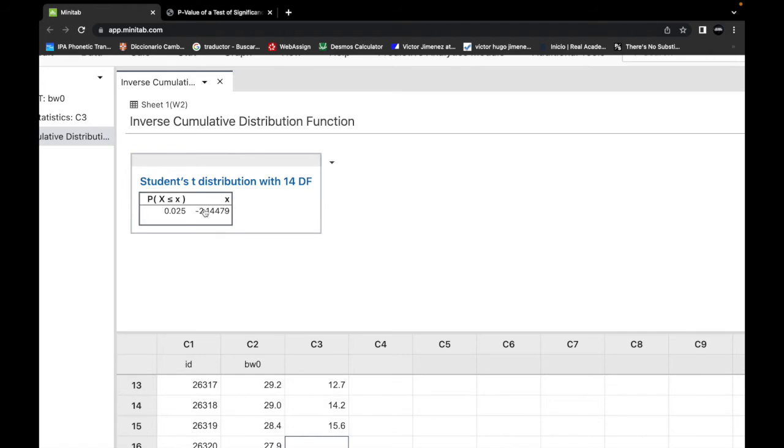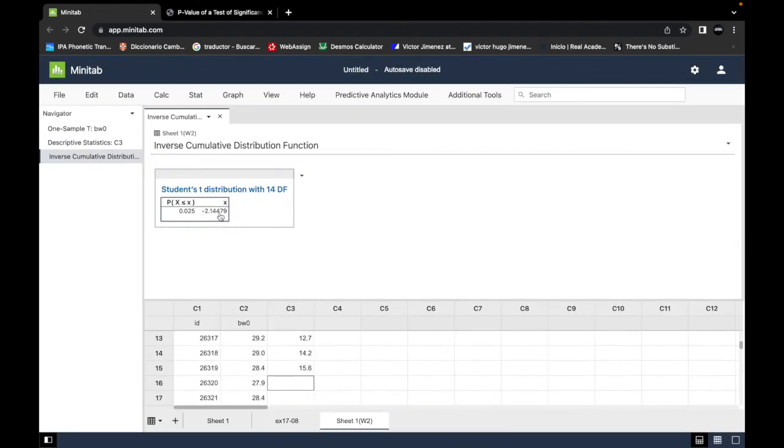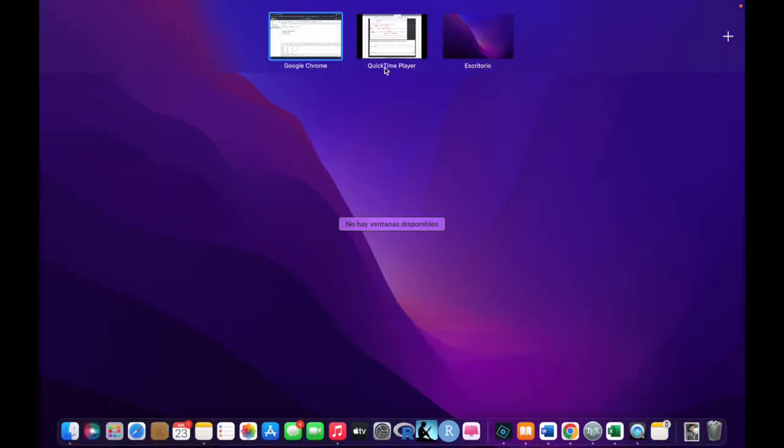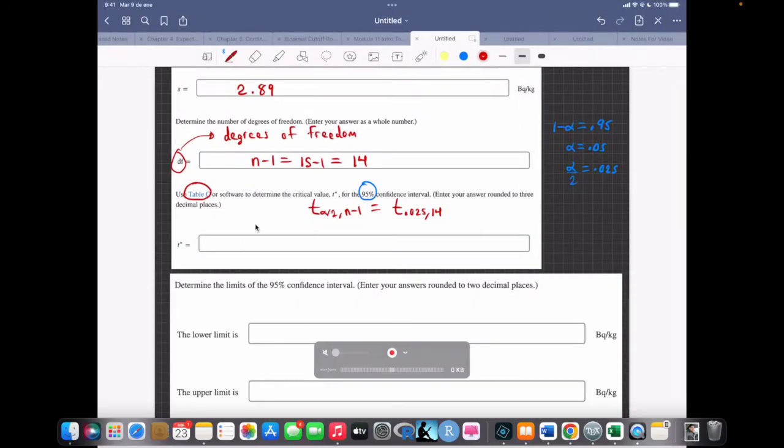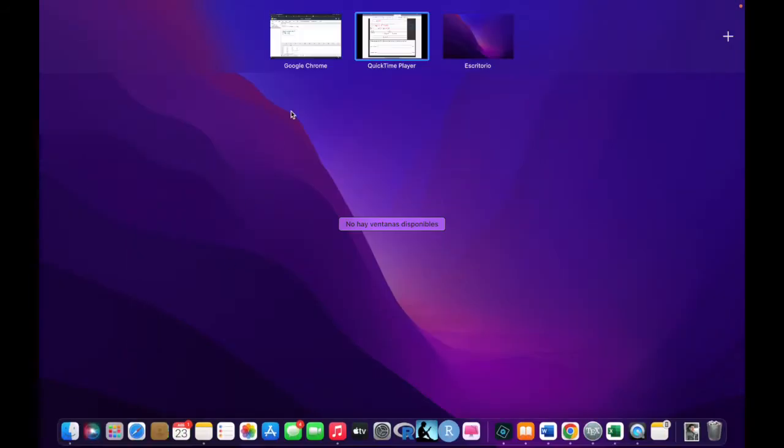Always use this number, but positive. So it's going to be 2.145. There you have it. Now, to compute the interval, lower limit and upper limit, again, you can go to Minitab.